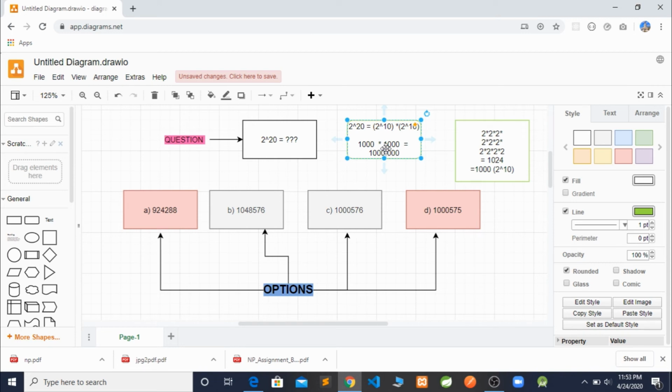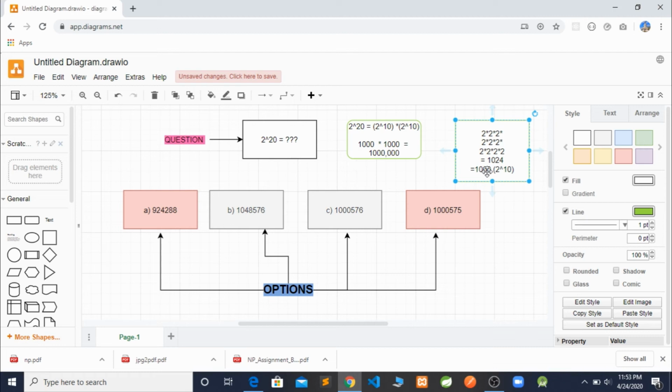Okay, so here this 10 lakh is actually the result of 1000 times 1000, but actually we had to do 1024 times 1024.